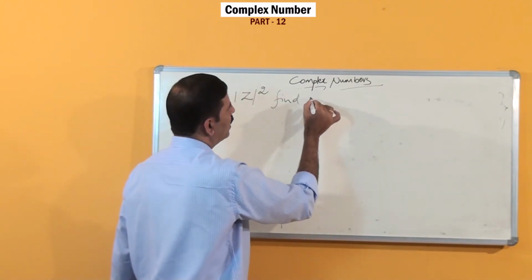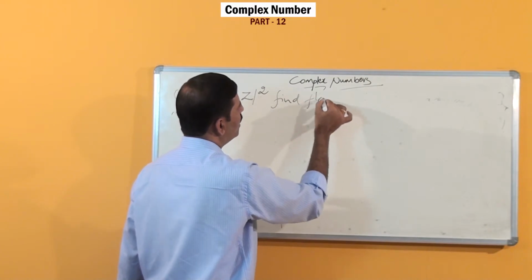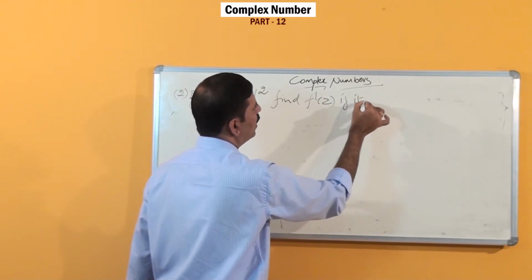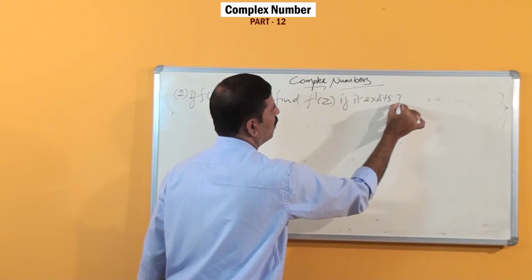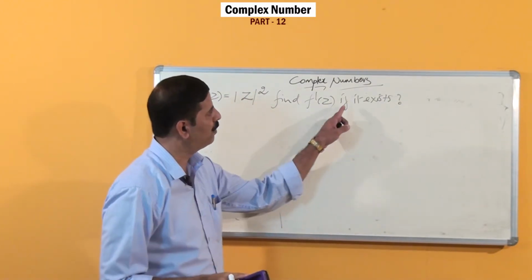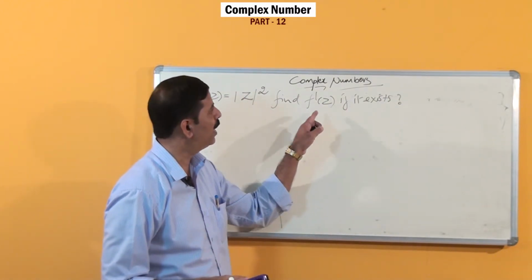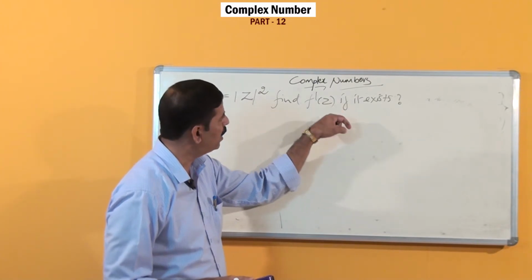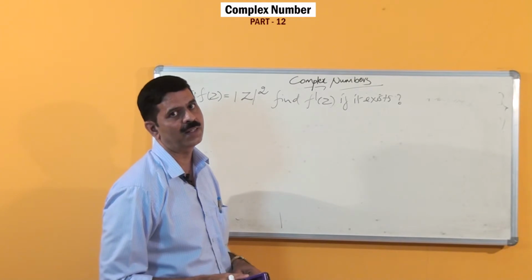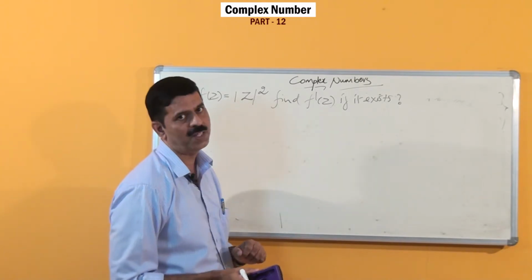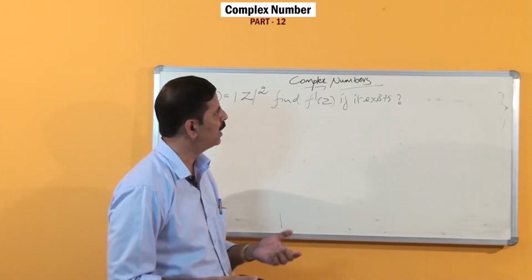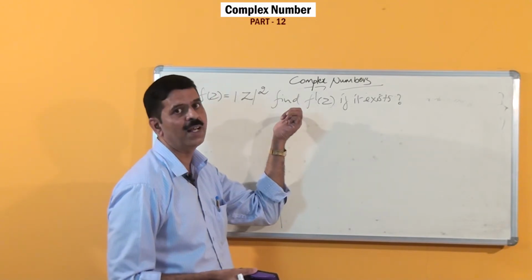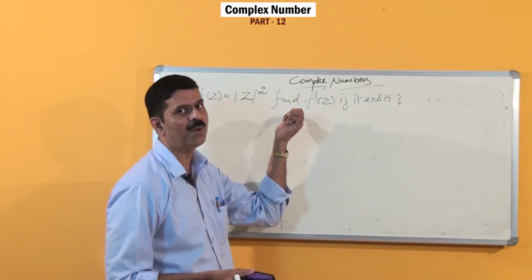Find f dash of z if it exists. Why have I given this question? You have to observe the limit value of the given function as per the definition of f dash of z; we don't know it at this stage, as we did in the earlier problem.